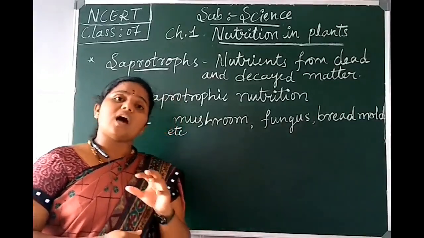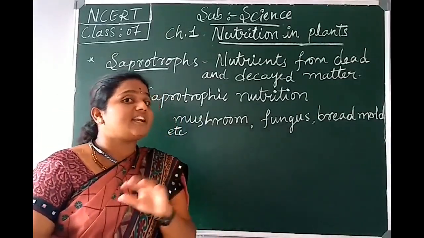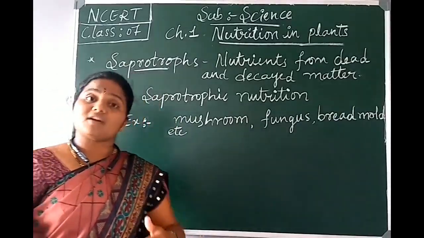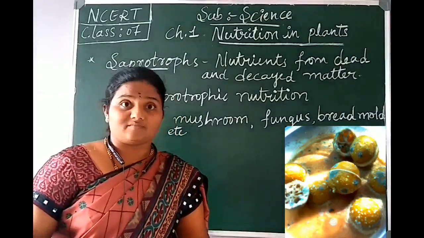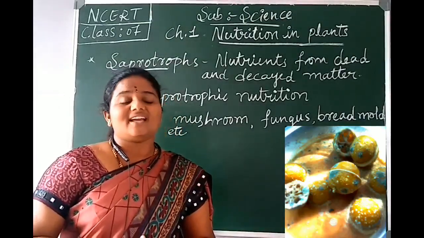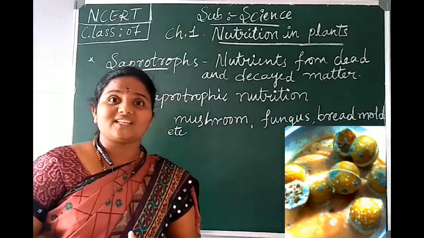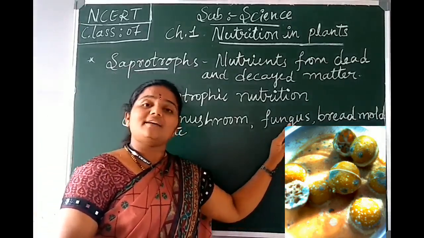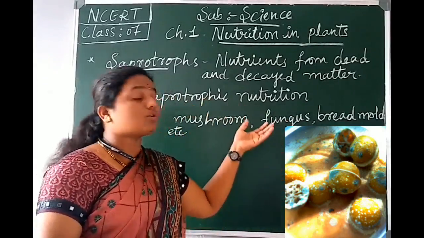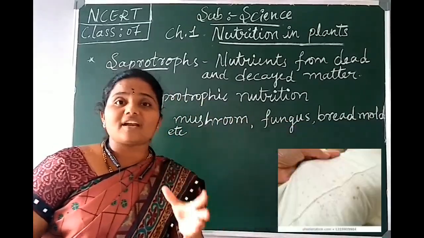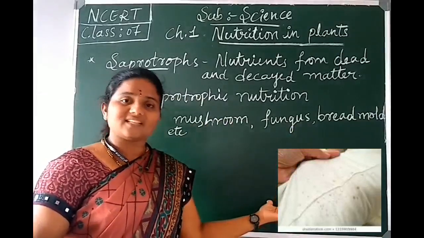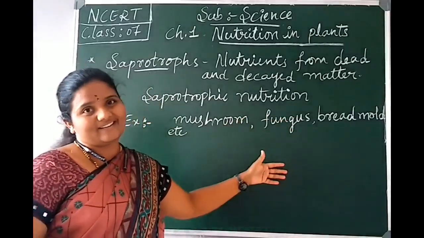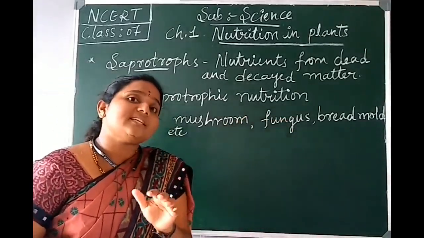So, children, the organisms which take nutrients from dead and decayed matter are called saprotrophs. Even fungus can be seen on food items, especially pickles, children. In our language, we call it buju. On curry and other food items, they usually start growing. Similarly, on leather and even on clothes, if the clothes are wet, fungus can grow and bring many diseases. Usually, fungal spores are present in the air.